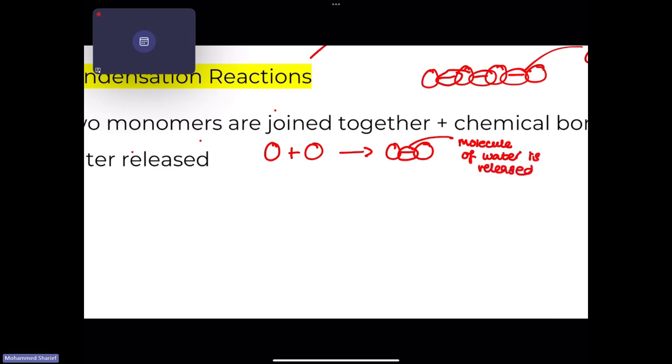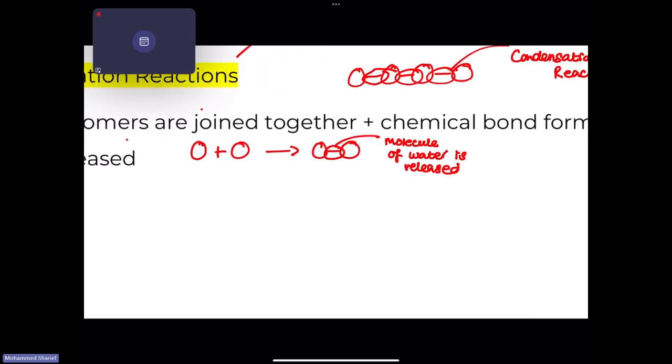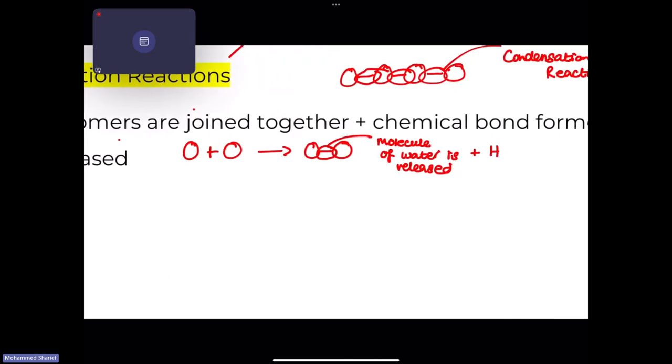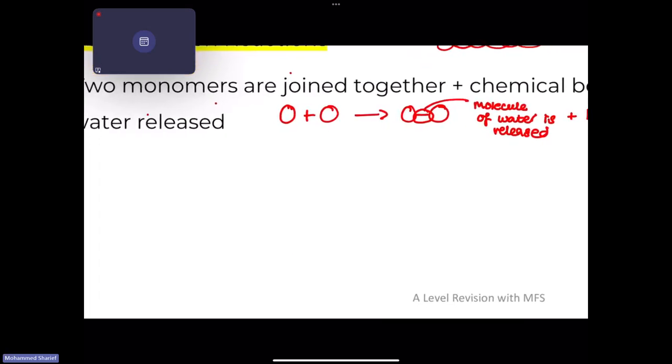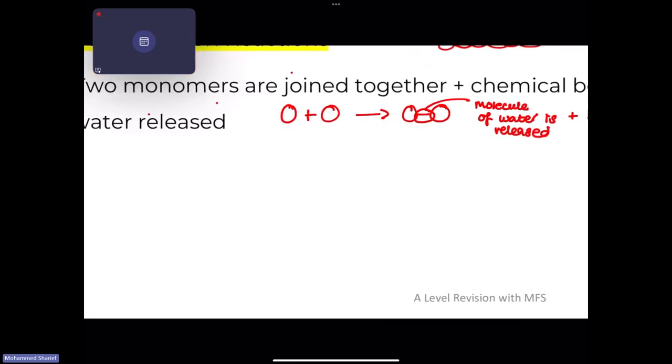And because a molecule of water is released, we're going to add an H2O in this reaction. Because we form this starting chain of a polymer, you call it a dimer, we can also break this dimer to form its monomers back again. So this pair of circles, we can break it to form the individual circles.